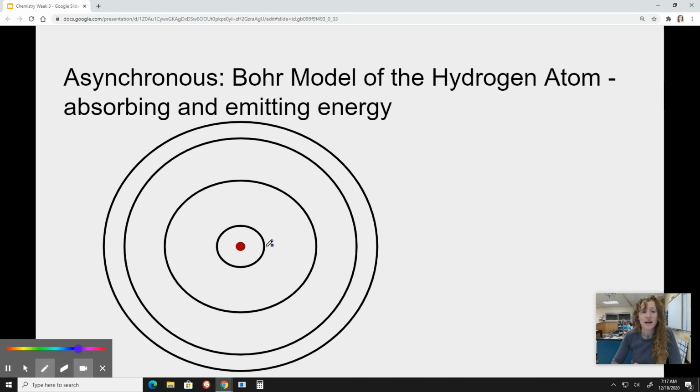Okay, so notice in your Bohr model that the electron started in the second energy level. I'm going to label these again: 1, 2, 3, 4. And it really only transitioned between the energy levels 3, 4, and 5, I believe, and 6, and the second energy level.